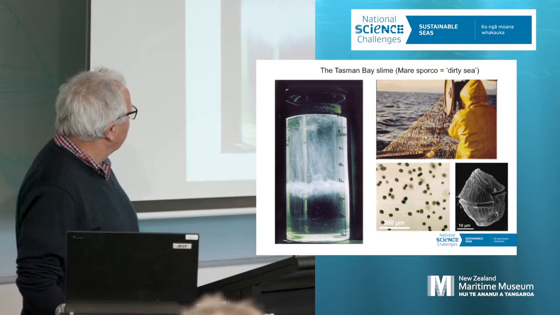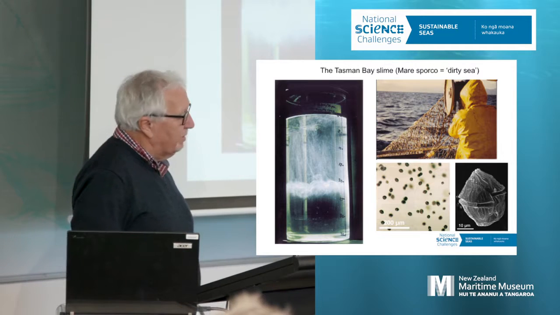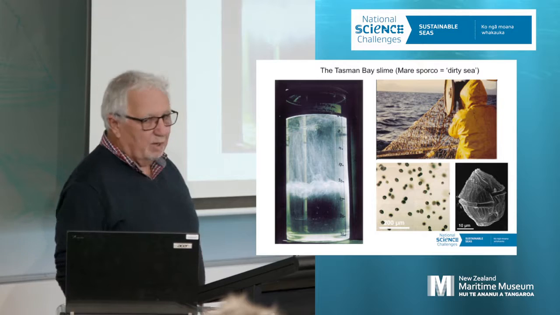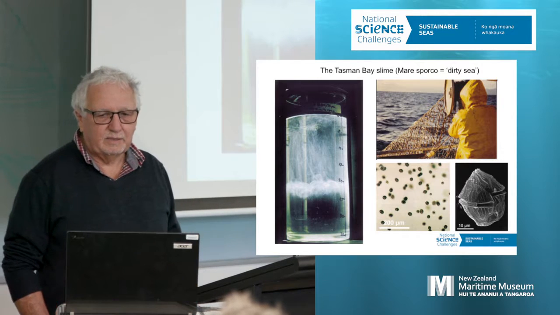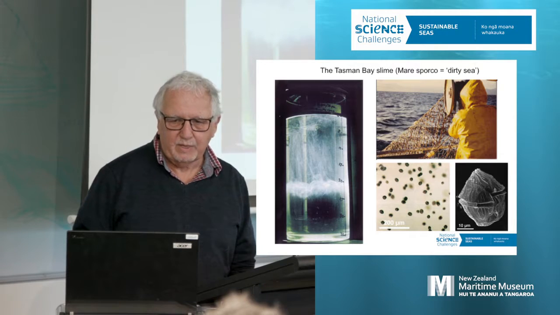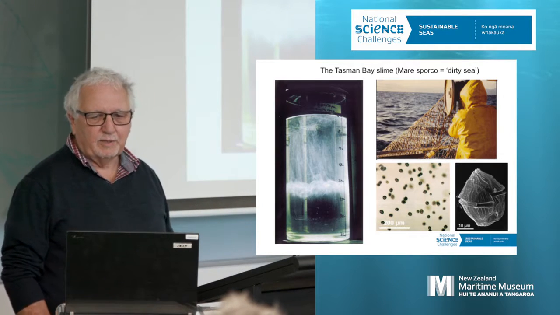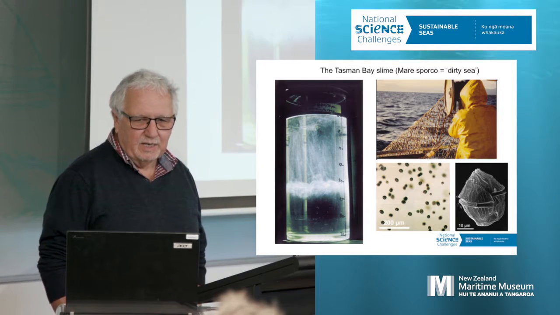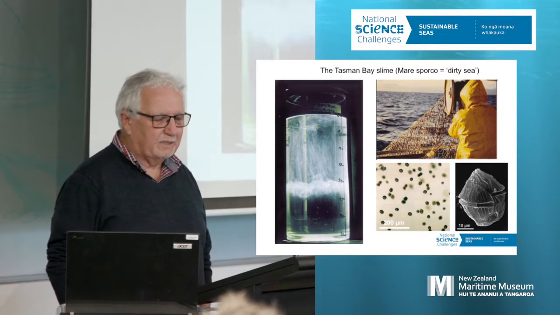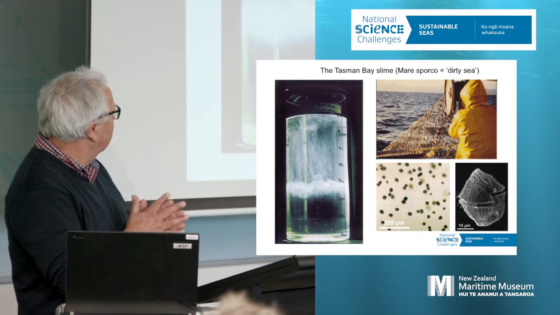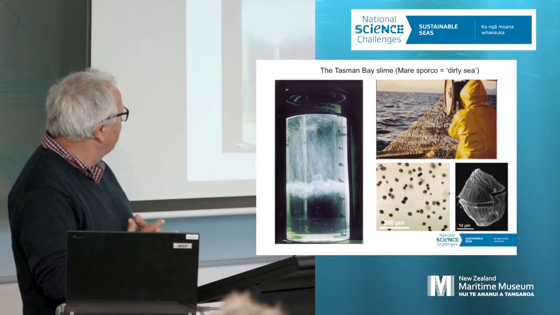A particular favourite of mine, this goes back many years, it's really the reason why I got involved in this area, was a bloom back in the early or mid-1980s, known as the Tasman slime bloom, and it was a very mysterious event. The bloom basically caused the water column within the bay to turn to jelly, really.